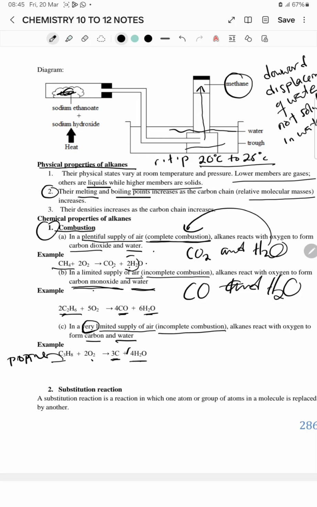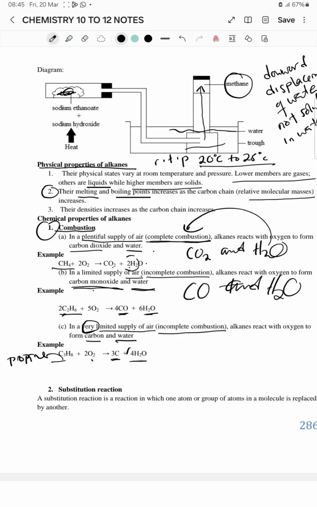So the first chemical reaction is combustion, which is categorized into 3: complete combustion, incomplete combustion, and also incomplete combustion using a very limited supply of air.